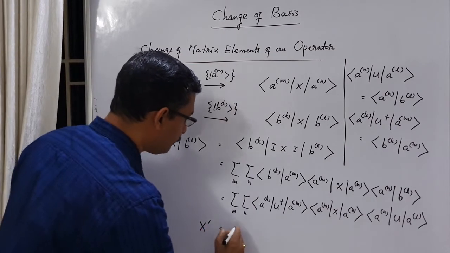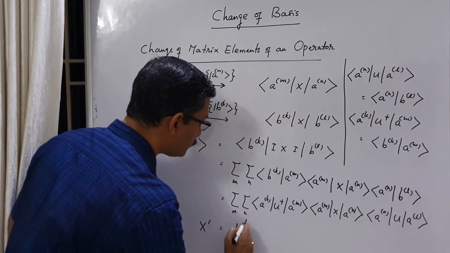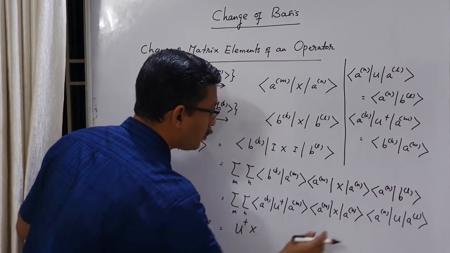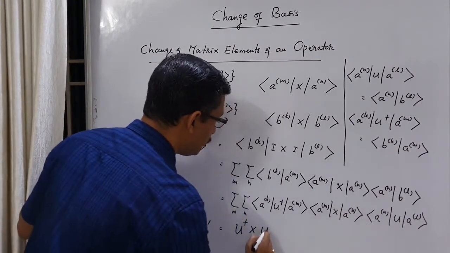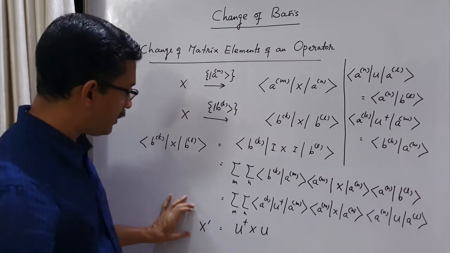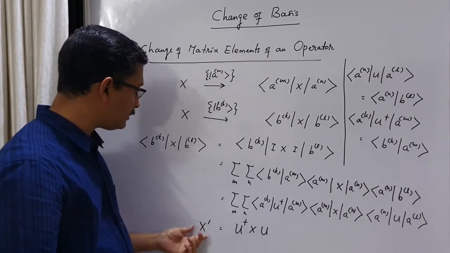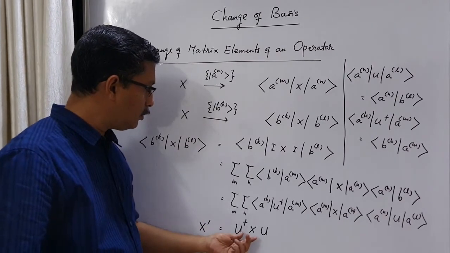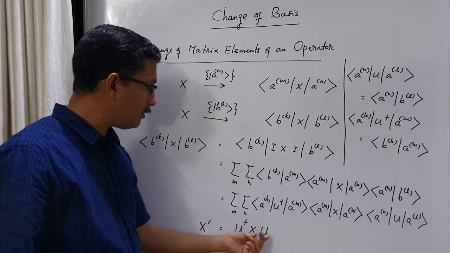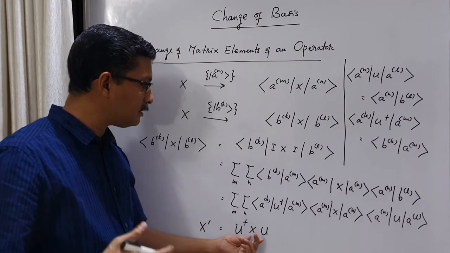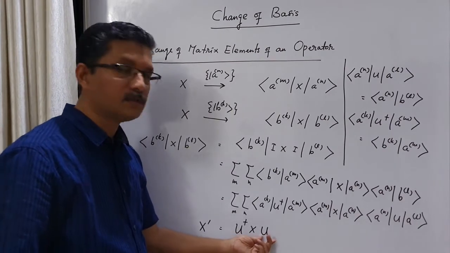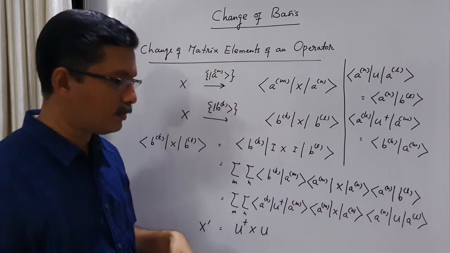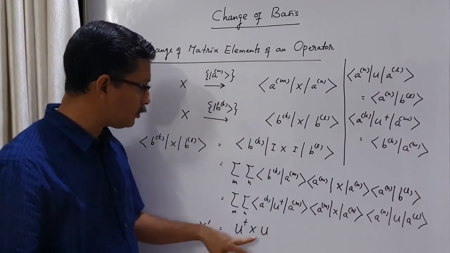It is equal to the matrix of U dagger in the old basis, the matrix of X in the old basis, and the matrix of U in the old basis. On the right hand side, we have completely expressed in terms of old basis. So X prime equals U dagger X U.